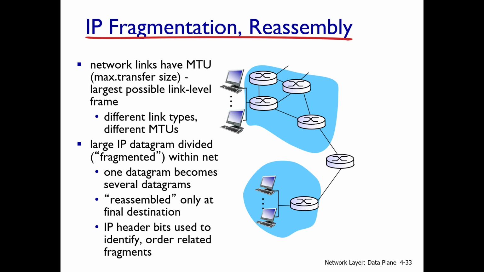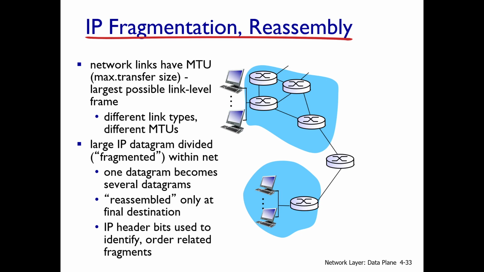They are finite because they are just devices. So, MTU, maximum transmission unit. Each network link has a maximum transmission unit, the largest possible link-level frame. For example, if you are using Ethernet, you have 1500 bytes. If your packet is more than 1500, we will do fragmentation.